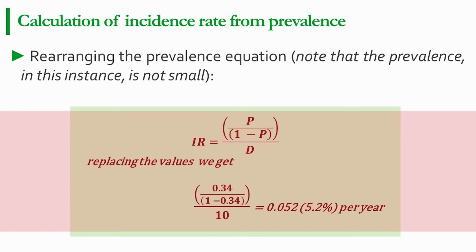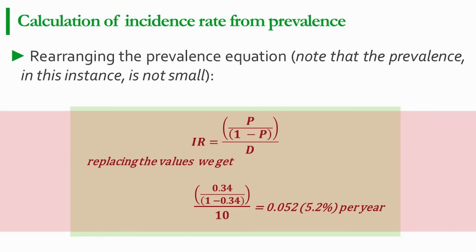We have to take into account that we are not using the prevalence directly here, but we are using the proportions, because we have a higher prevalence level, almost 34%. So we replace the formula with the figures we had from the example, and we would find that we have 0.052 cases per year, or let's say 5.2%.